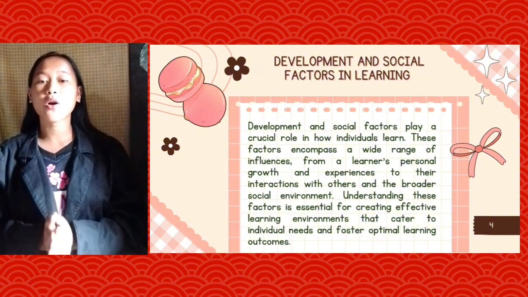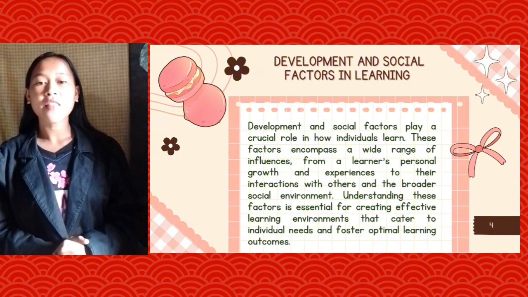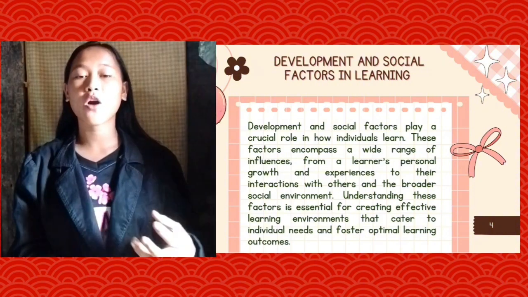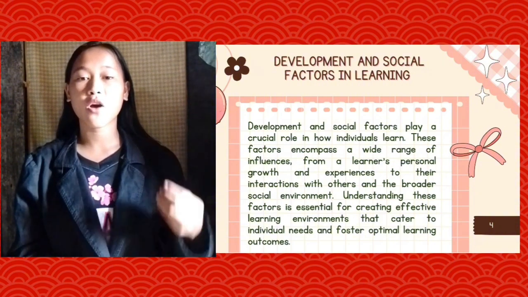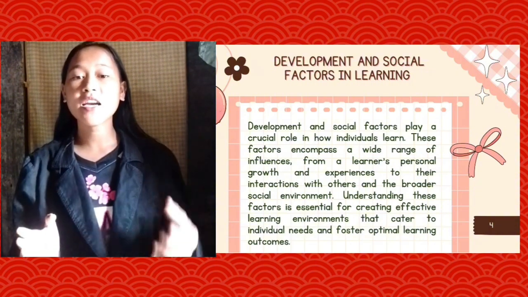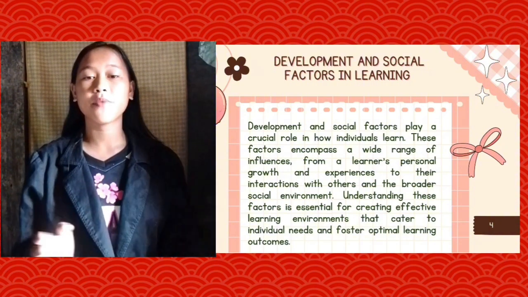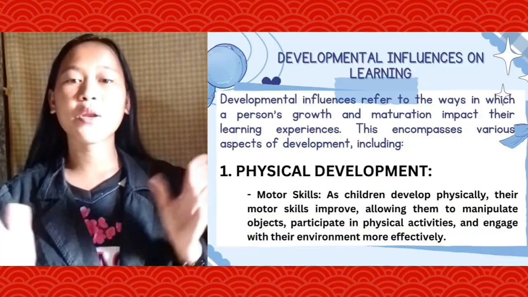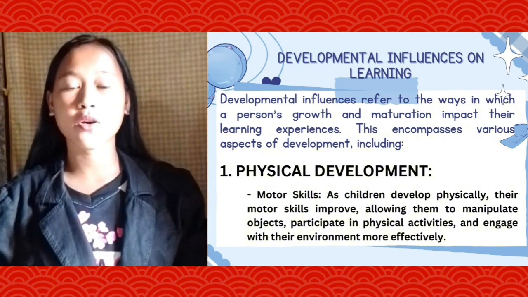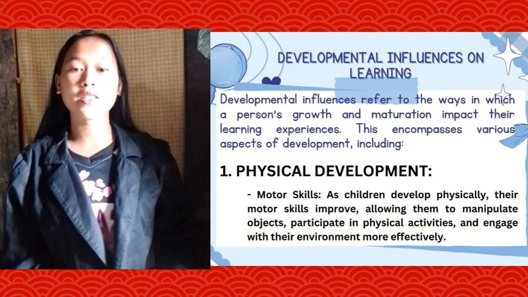So now, that's all about the developmental and social factors. There are two types of influences on learning, which is the developmental influences on learning and social influences on learning.